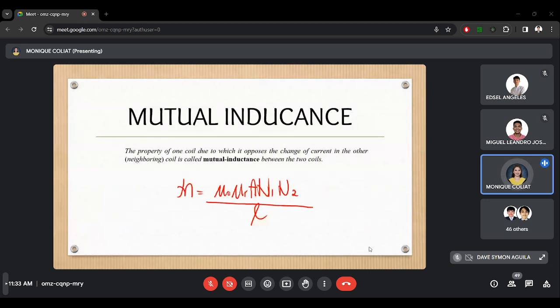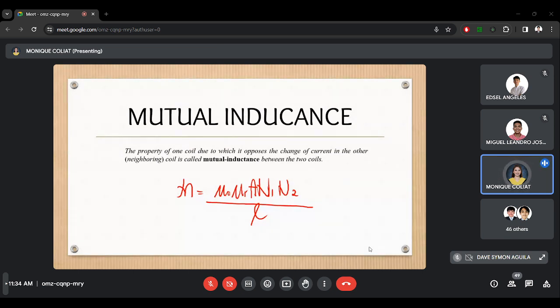How about mutual inductance? It is a property of one coil due to which it opposes the change of current in the other neighboring coil, called mutual inductance between two coils. So if there are two coils present, mutual inductance is the property of one coil that opposes the change of current in the other coil.